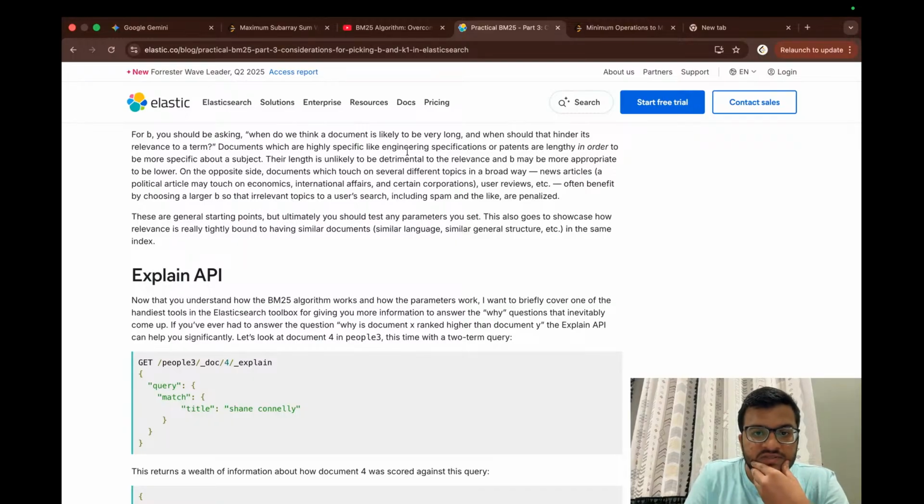Documents which are highly specific, like engineering specifications or patents, are lengthy in order to be more specific about a subject. Their length is unlikely to be determined by relevance, and maybe B is more appropriate to be lower.